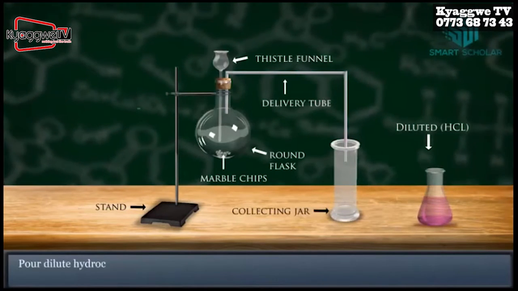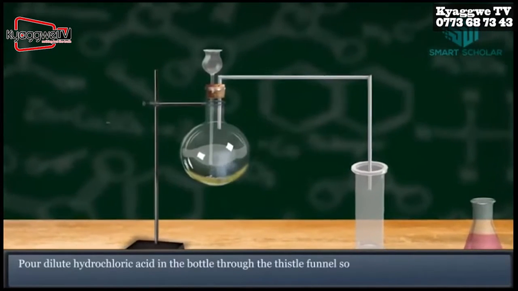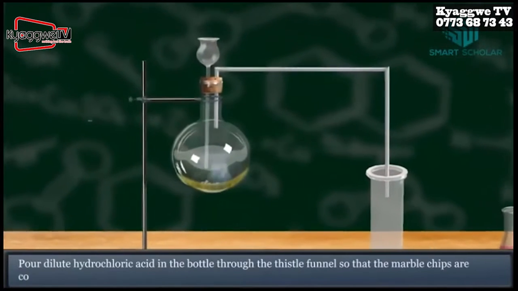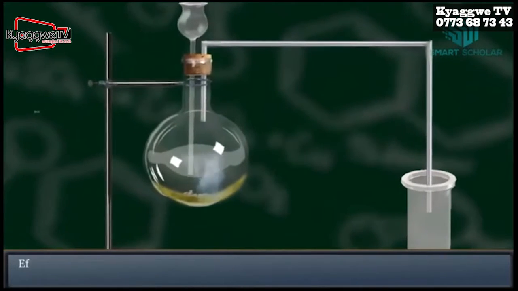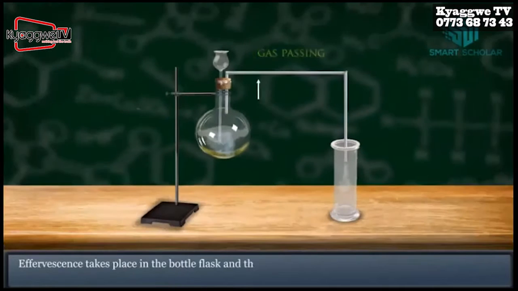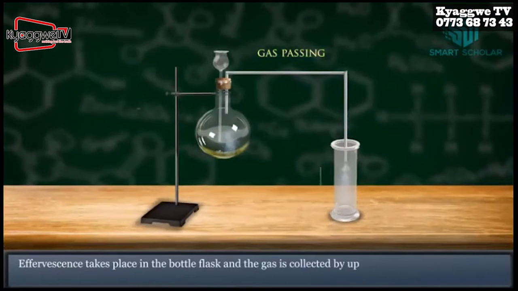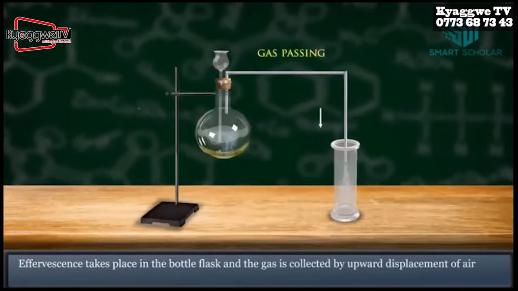Pour dilute hydrochloric acid in the flask through the thistle funnel so that the marble chips are covered with the acid. Effervescence takes place in the flask and the gas is collected by upward displacement of air in the collecting jar.